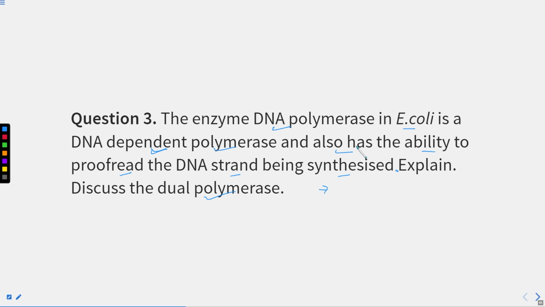So let's talk about the function or the activity of DNA polymerase. The first activity is the adding of nucleotides, which means it has polymerization activity. Second, it has a proofreading activity.